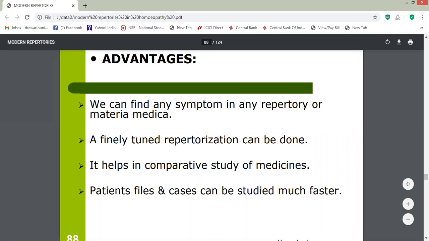Then it is used in specialized functions like a detailed systemic case history, storage of patient history, and basic information for research purposes.